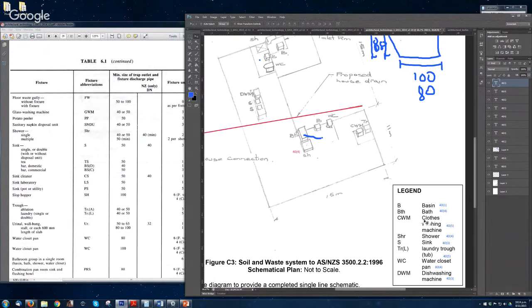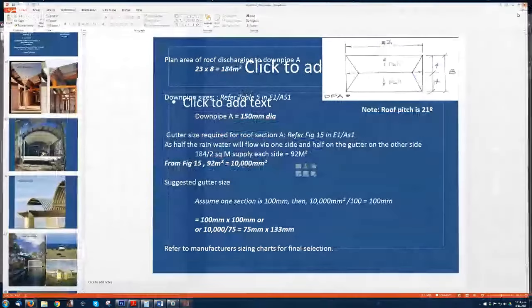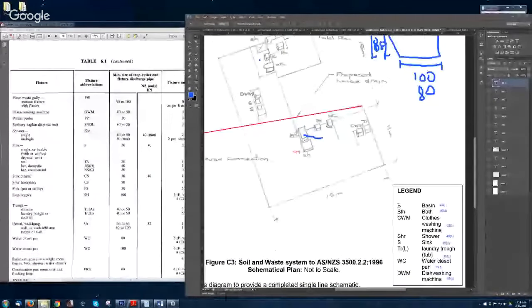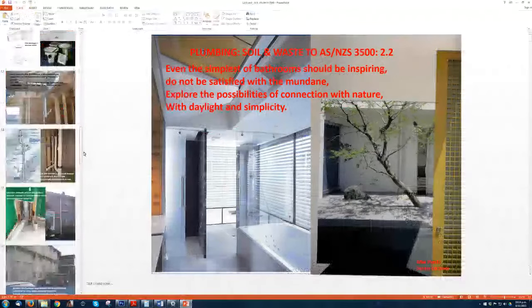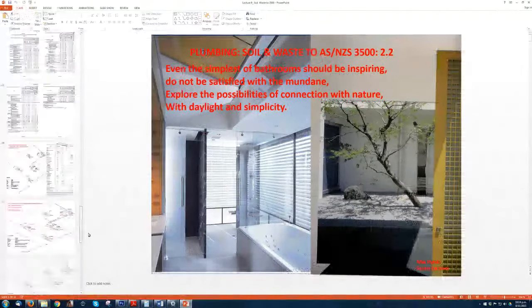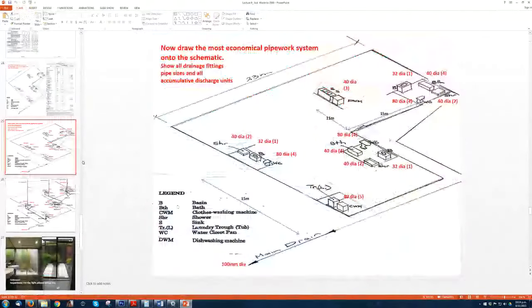If you looked at the previous example, the lecture. So we had laundry and this, that's 40 and 5.